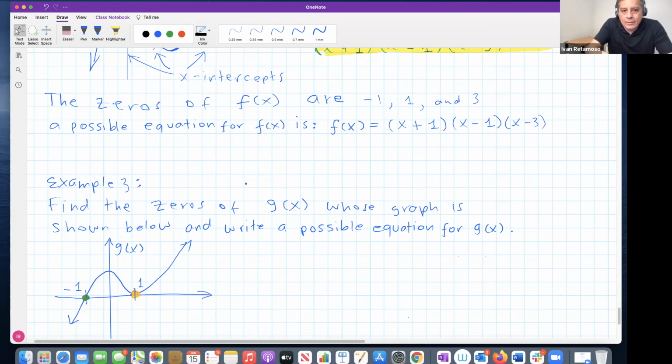Then I will make a comment on the degree of the function related to the multiplicities.